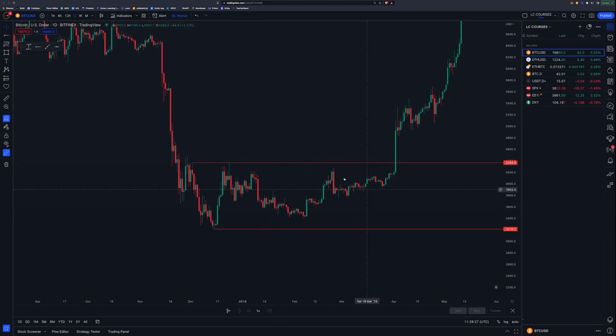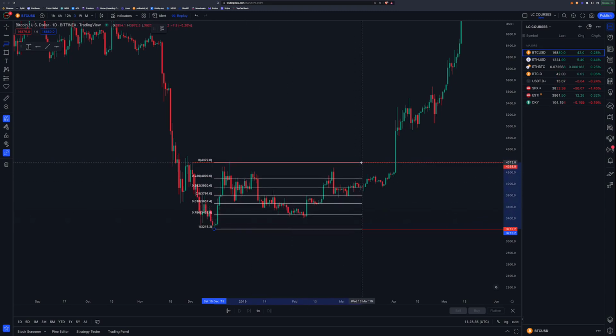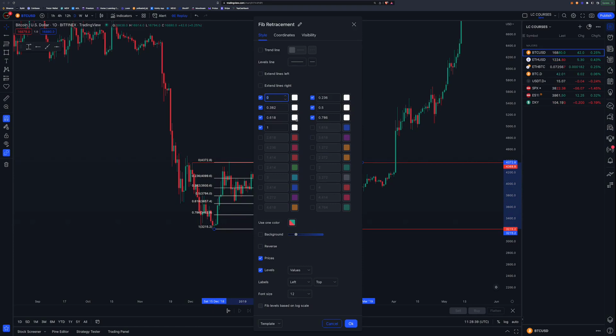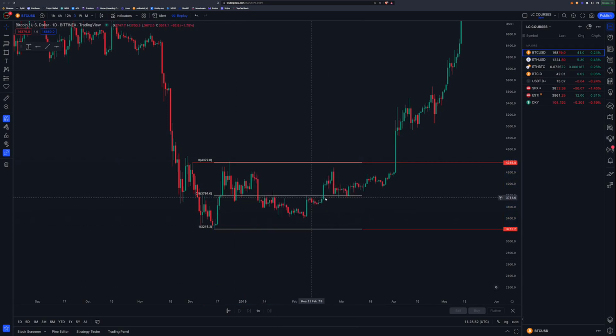Now we need to mark out the mid-range. So there's two tools you can use. You can either use the Fibonacci tool, like so. So you go from low to high, and then what you can do to tidy it up, I'm actually going to get rid of all these numbers apart from the 0.5. Obviously going to keep the top and the bottom, which is 0 and 1, and I'm going to get rid of those and just have the 0.5, because that, as you can imagine, is the middle.